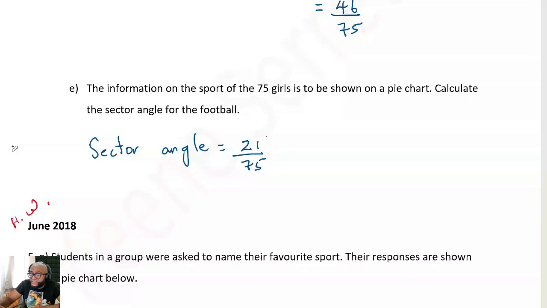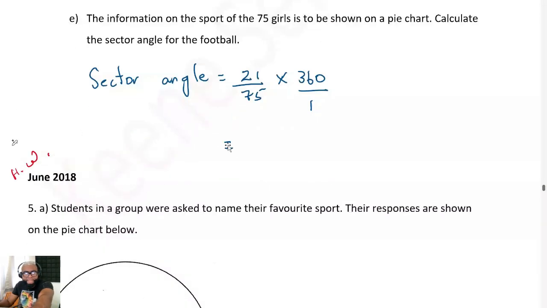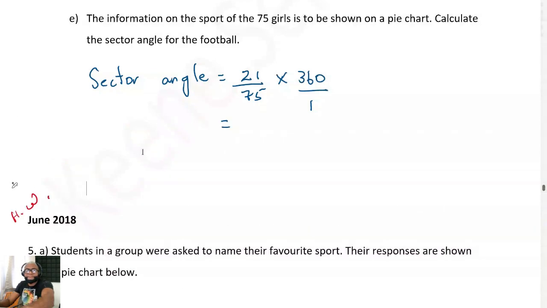So if we want the sector angle in a pie chart for football, it will be 21 over 75, which is the fraction for football, multiplied by the total degrees in our pie chart, 360 degrees. 360 over 1. So when we multiply this, how much do we get? I get 100.8.